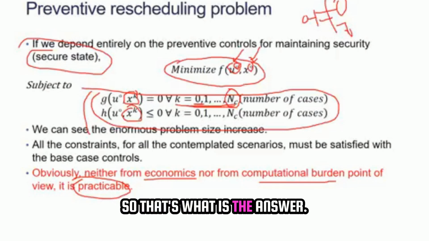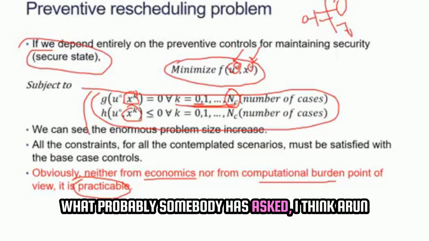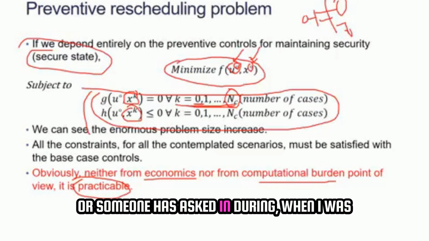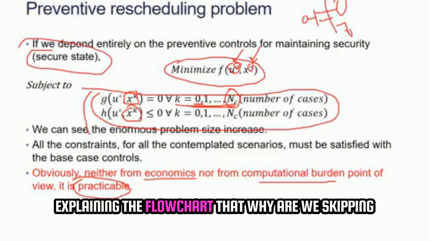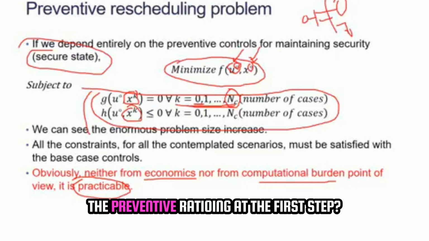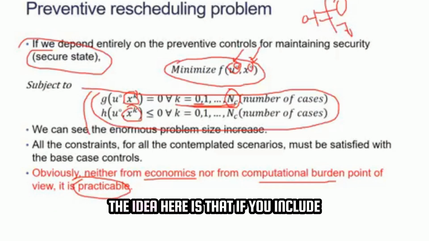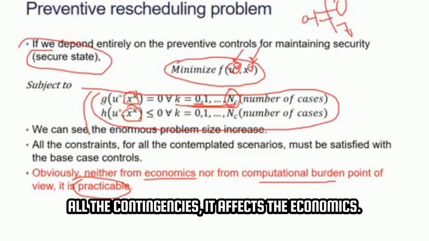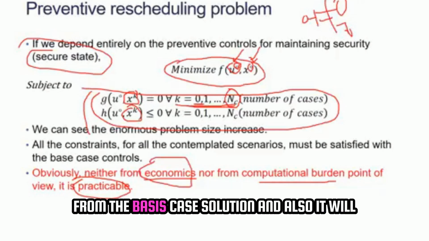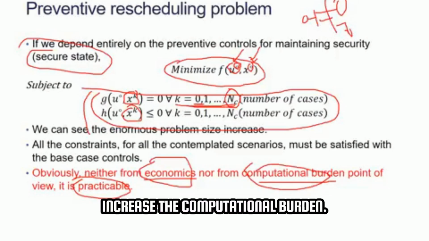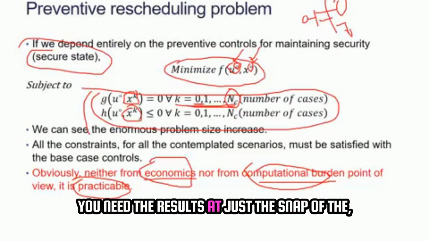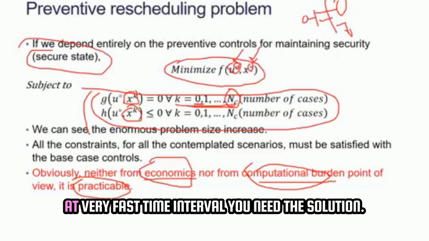So that's the answer to what somebody probably asked. I think Arun or someone asked when I was explaining the flow chart, why we are skipping the preventive rescheduling at the first step. The idea here is that if you include all the contingencies, it affects the economics. Obviously the cost will increase from the base case solution, and it will also increase the computational burden. In a practical situation you need the results at a very fast time interval.